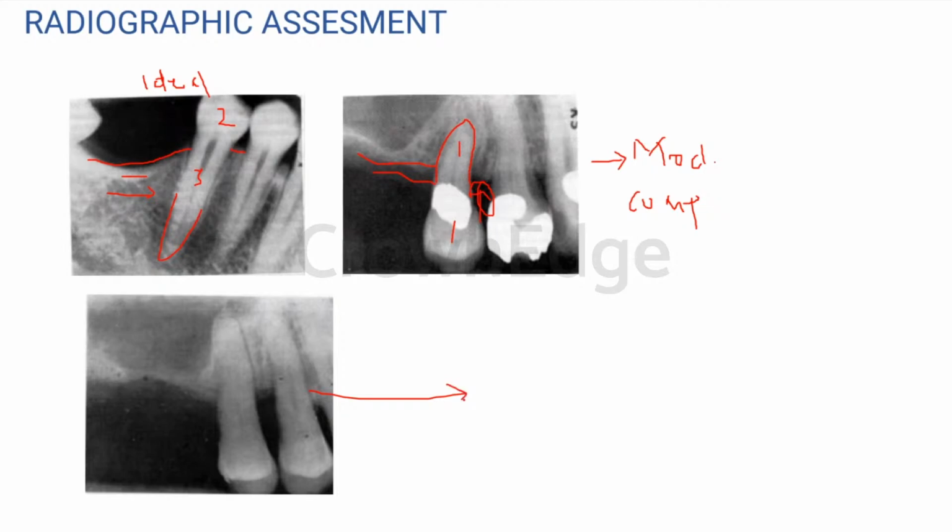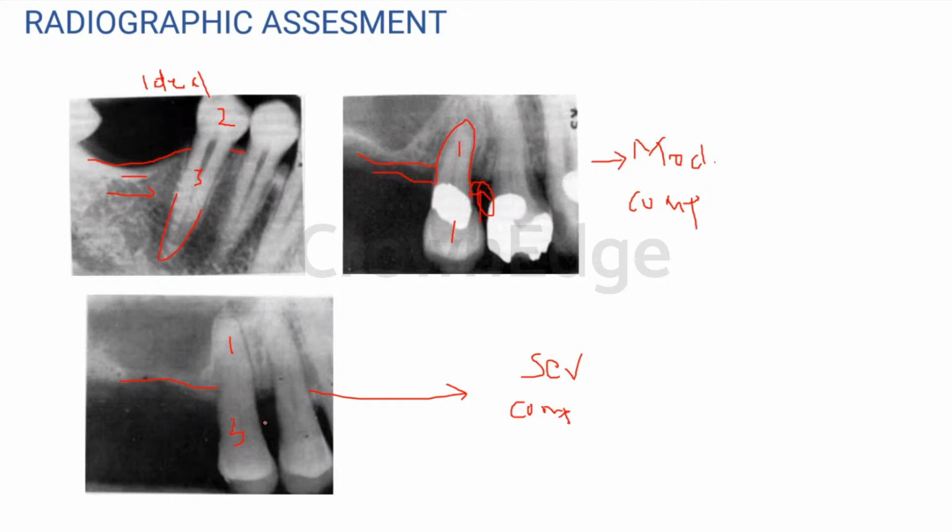But this is a severely compromised scenario in which the bone is getting resorbed completely. There is almost just one portion of this and probably around a 2:3 ratio. The ratio is not good enough. So this will be slightly grade 1 mobility. So what do I do for this case?